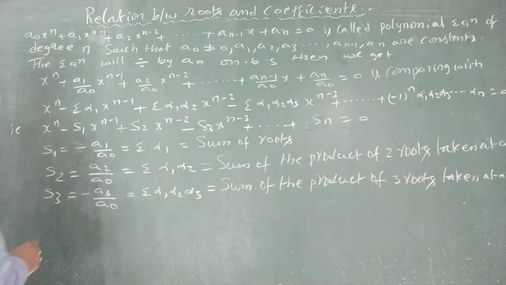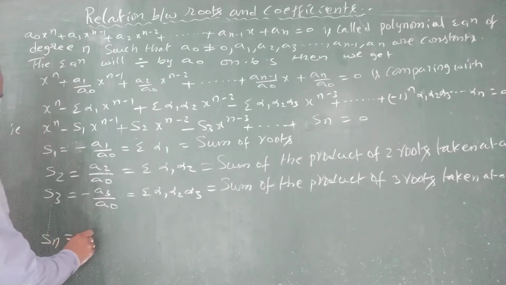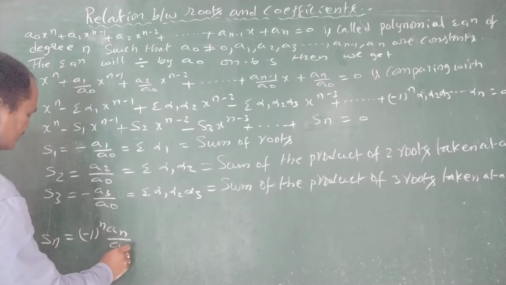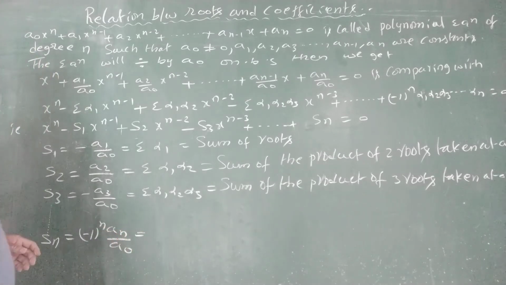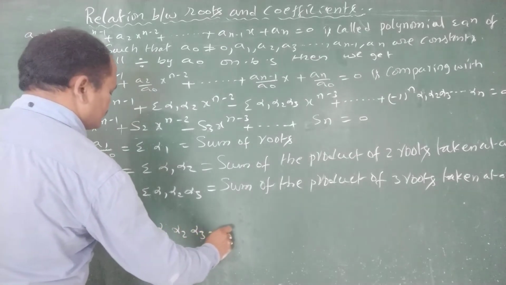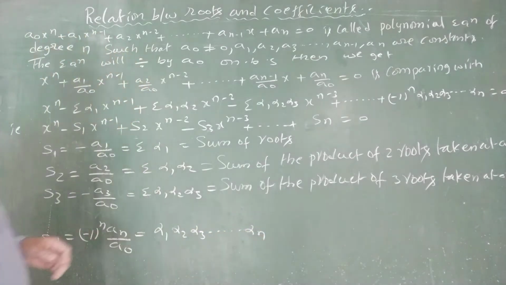That's all. Similarly, so on, sn is equal to minus 1 power n an by a0, which is equal to alpha 1 into alpha 2 into alpha 3 into and so on alpha n.